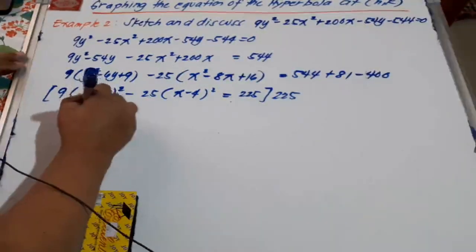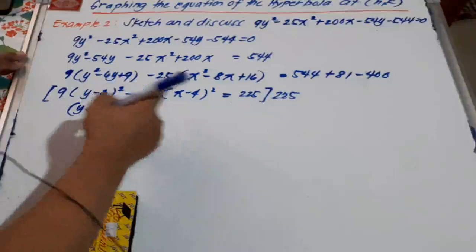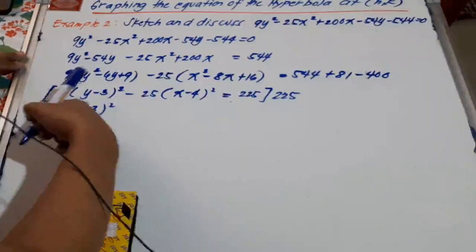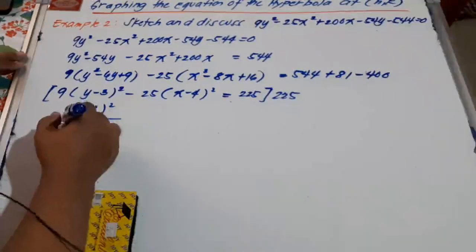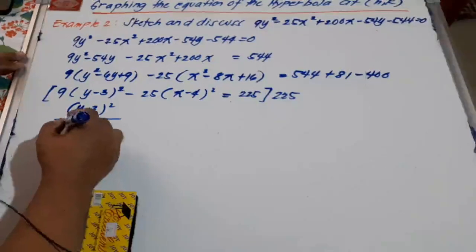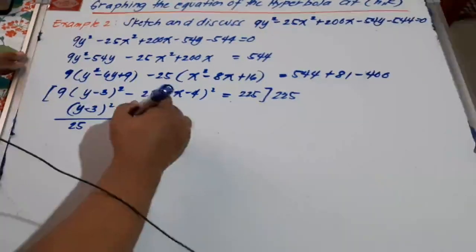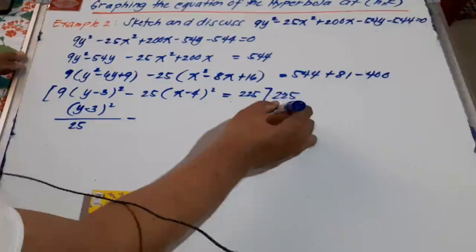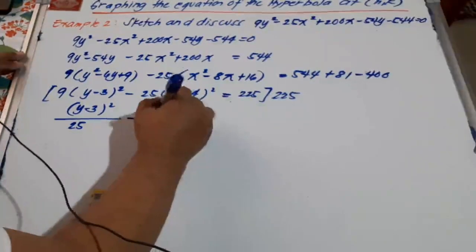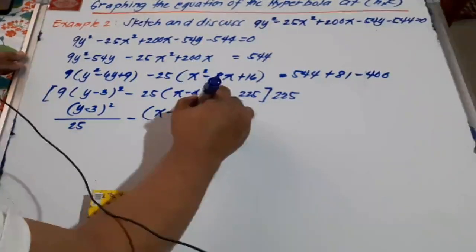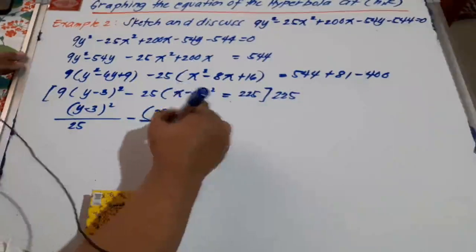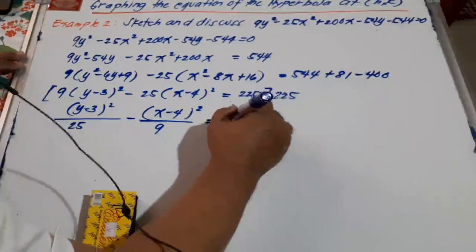So we have y minus 3 squared over, 9 divided by 225 is 1 over 25. And 25 divided by 225 will be 1 over 9 in lowest term. Because 225 divided by 225 is 1.